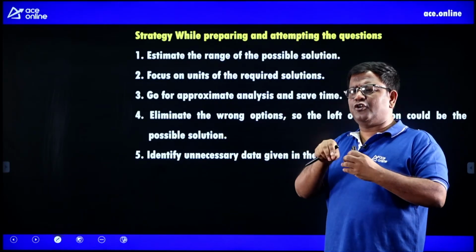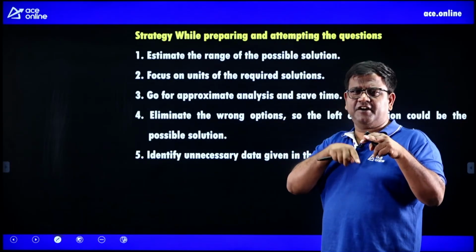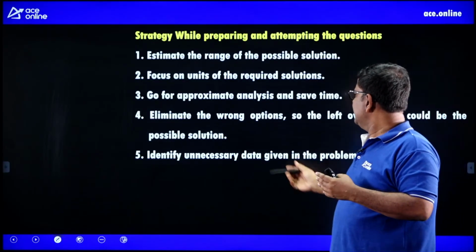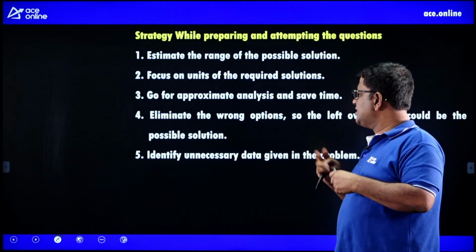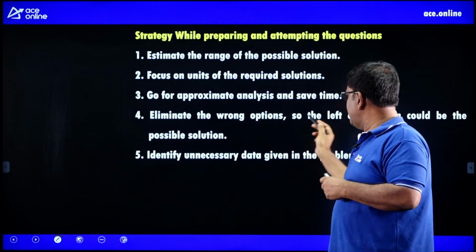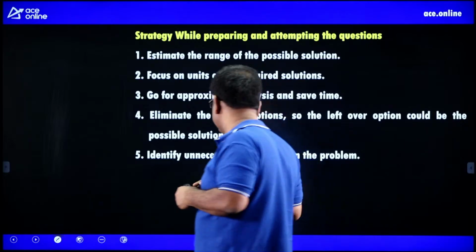Suppose your answer comes close to 8, then out of 10, 20, 30, 40, maybe 10 is the right answer. So you can give a shot there. So if the options are widespread, please go for approximate analysis instead of the exact analysis, and eliminate the wrong options so that the leftover option could be the possible solution, right?